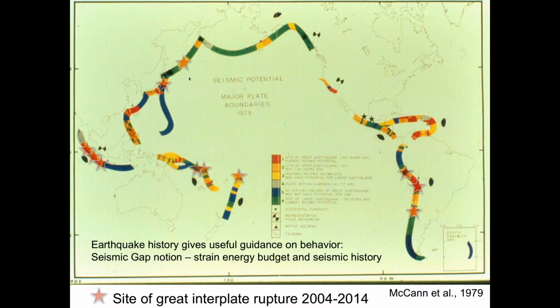Now, if you look at the history of great earthquakes or large earthquakes around the margins of the Pacific, early on, this goes back to a 1979 paper by McCann and others, they recognized that there are regions that have had big earthquakes that have happened relatively recently.